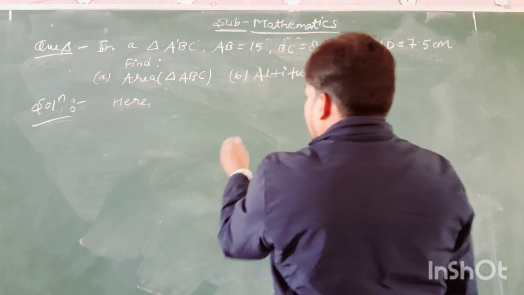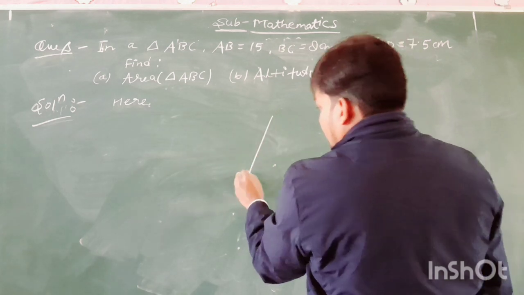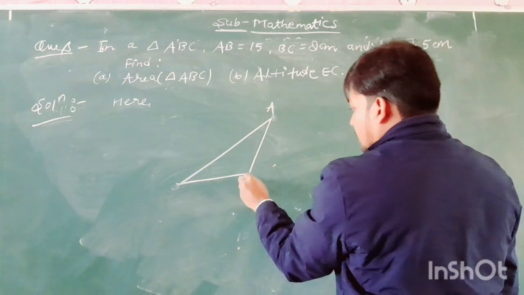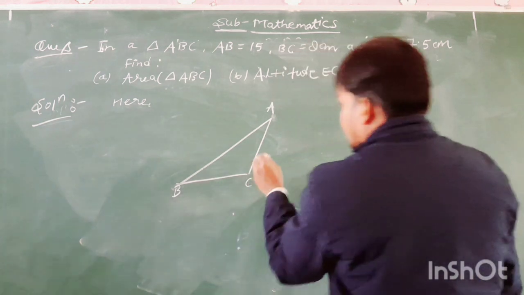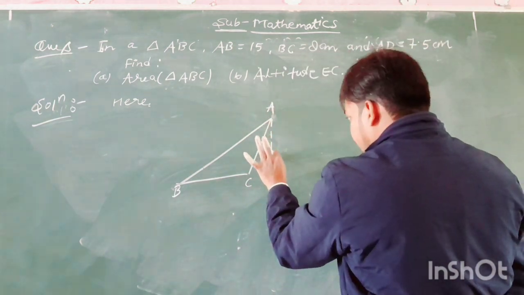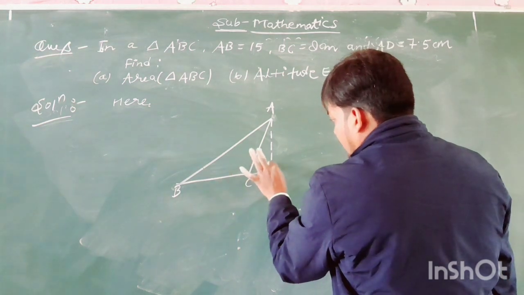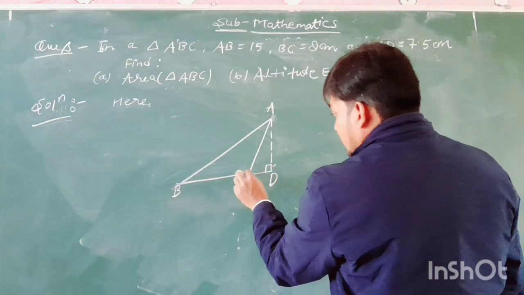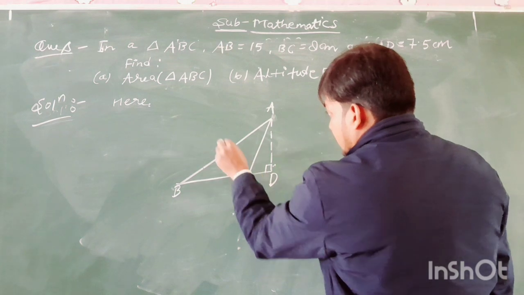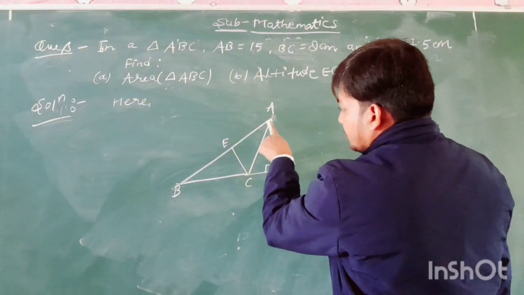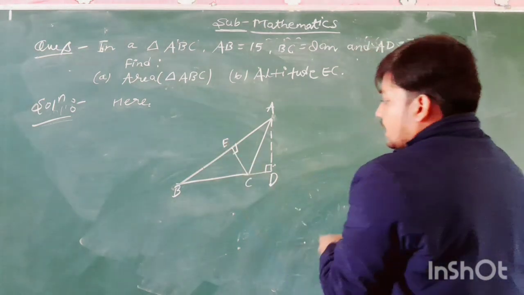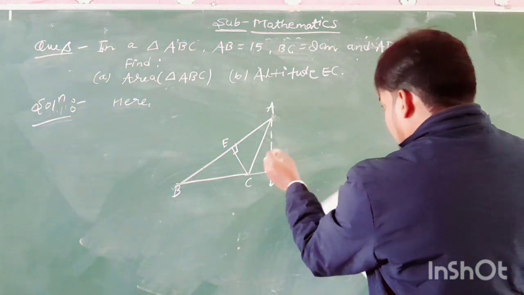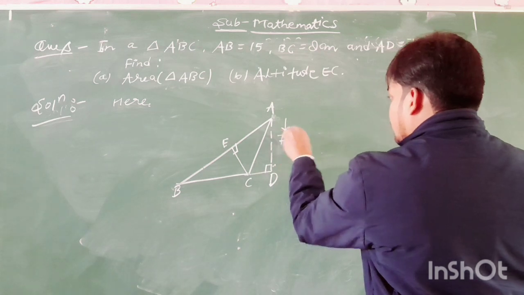Here triangle ABC, here the vertices A, B, C and the perpendicular which is given AD, and the perpendicular which is given that EC is perpendicular on AB, and AD is the height of the triangle, and the measure of AD is equal to 7.5 centimeter.